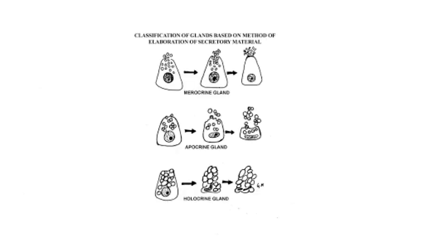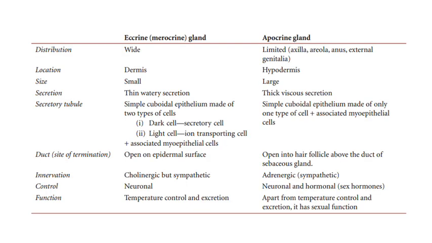Okay, so this is again the same type of slide to explain merocrine, holocrine and apocrine. Holocrine we saw is actually the sebaceous gland, and for the sweat gland we said it is merocrine and apocrine. What is the difference?